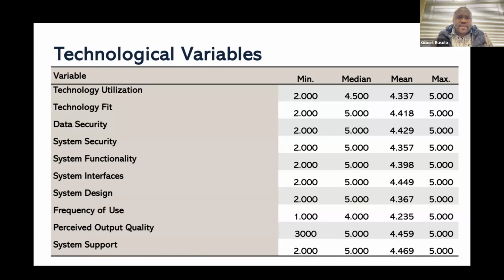We are looking at things like the system interfaces, making the usability, the user experience of the system quite high. We are looking at the perceived output quality. When somebody sees that this thing is working well, will work well, will help me deliver my mandate, it comes out very strongly among others.